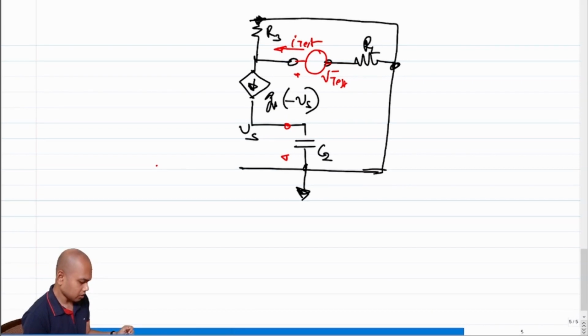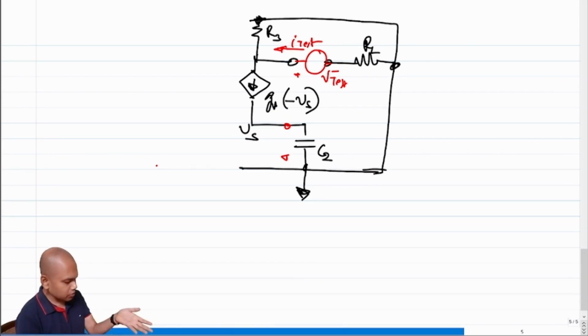Okay. So what do you think in this case? What will be the effect of this GM times Vs? Essentially what I'm asking is, how much of the ITS do you think will flow into R3, and how much of it will flow into the network in the bottom, right? So what do you think will happen?